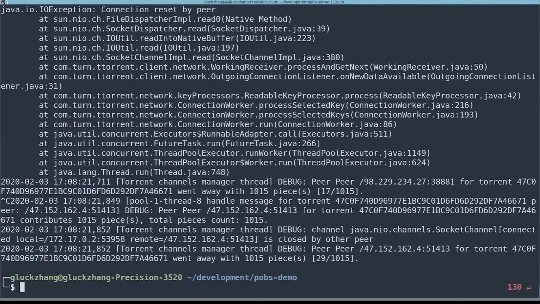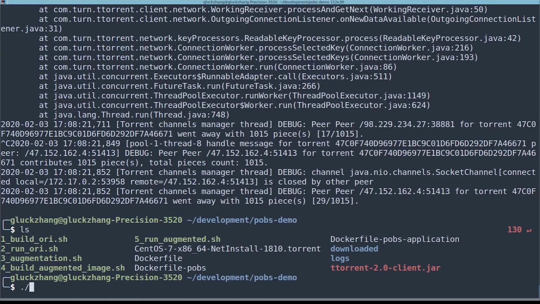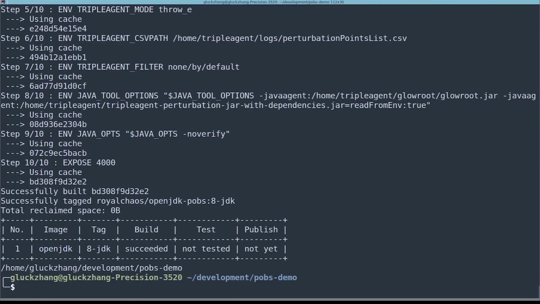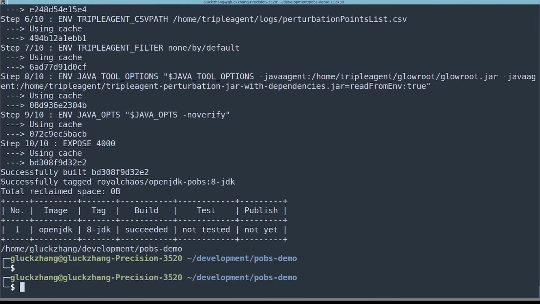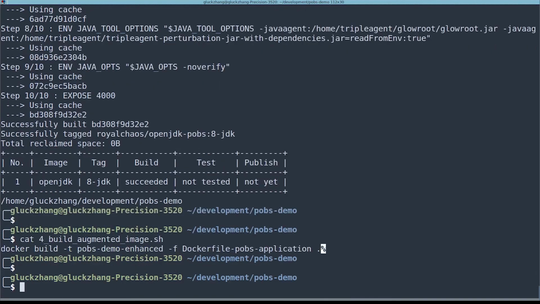And then we could use the augmentation tool to add TripleAgent and extra monitoring tools to the application. Now it shows that we augmented the OpenJDK file. Then it provides a new base image called OpenJDK POBS.